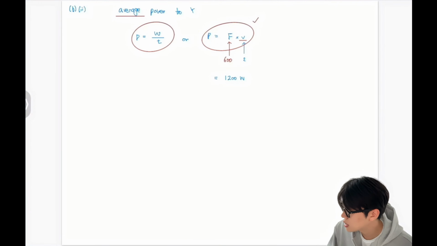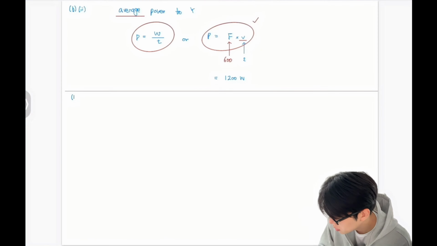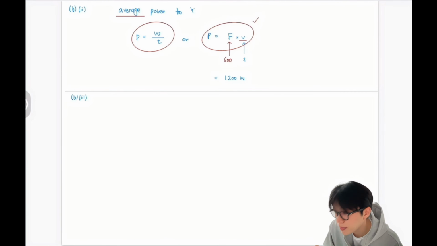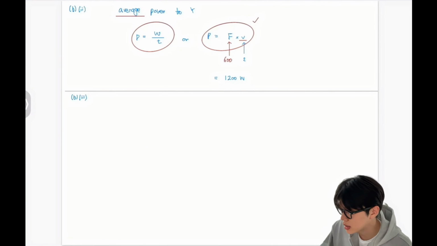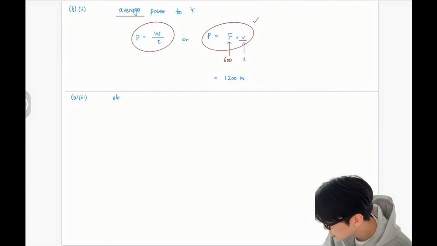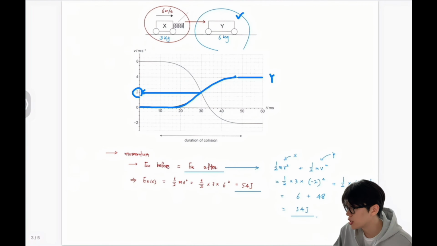Okay, so the last one, B3. They ask to calculate the elastic energy stored in the spring at T equals 30 milliseconds. So now we have to see the elastic energy when T equals 30 milliseconds. Okay, so let's see what the situation is for that.